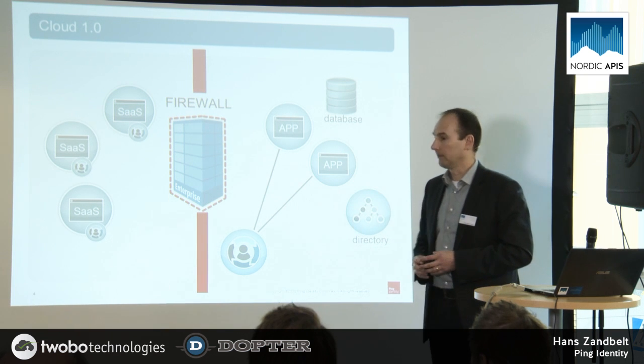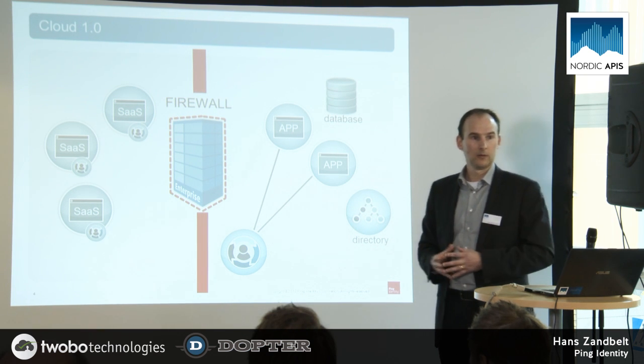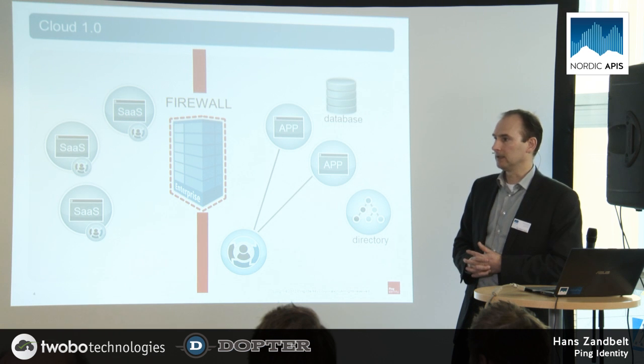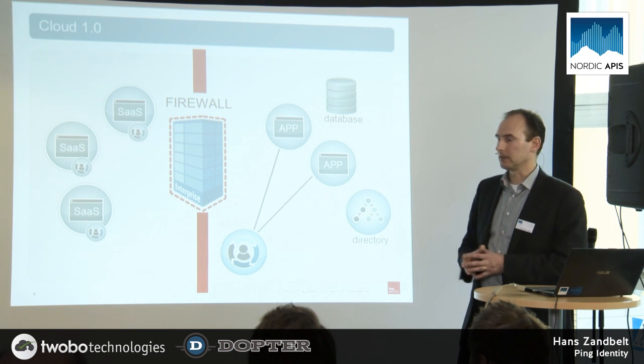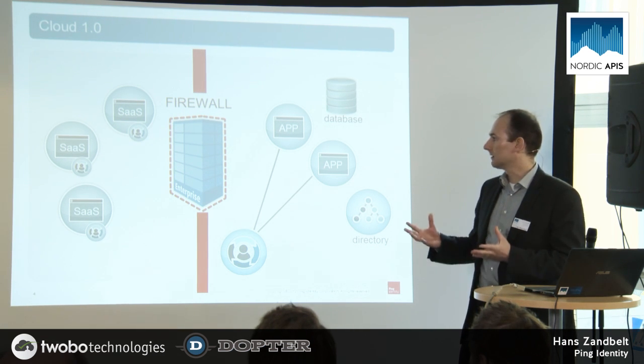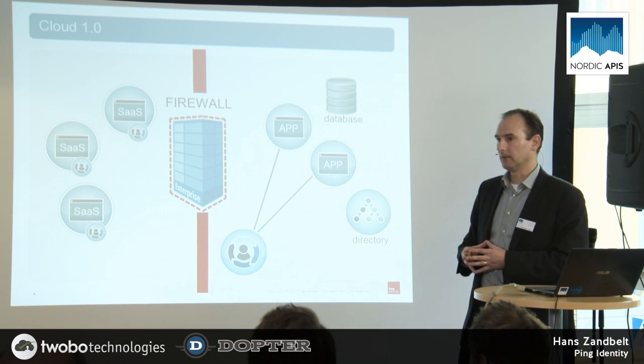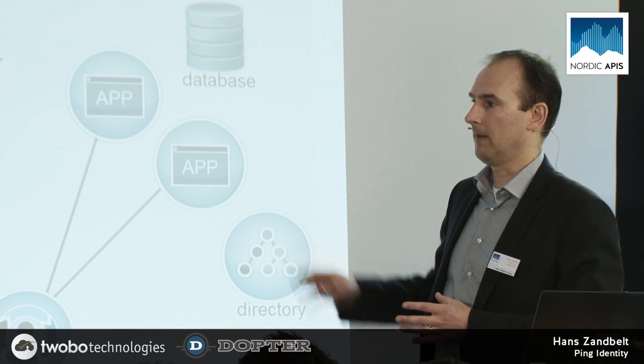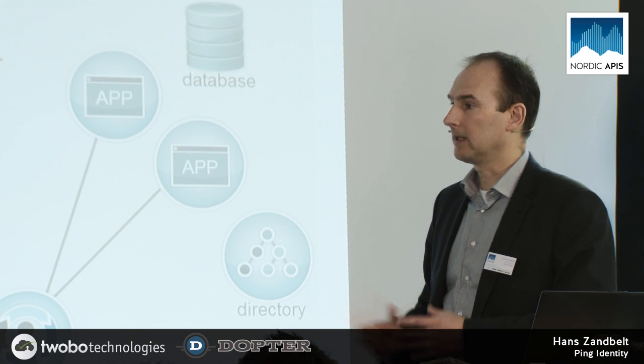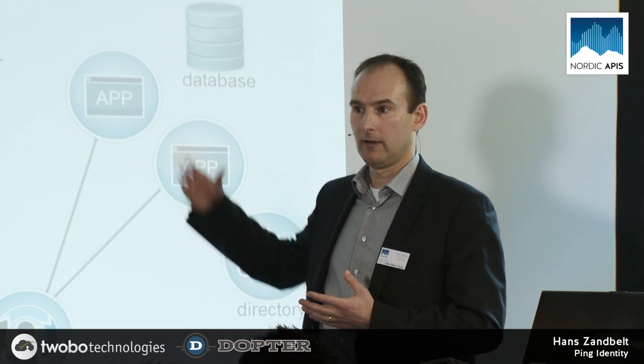And on the other side of the corporate network, outside of the firewall, we see a number of cloud applications that are being used by the enterprise business. These applications typically don't have any relationship with the corporate applications, and they implement their own account management, their own security policies, and users log into them with application-specific credentials.